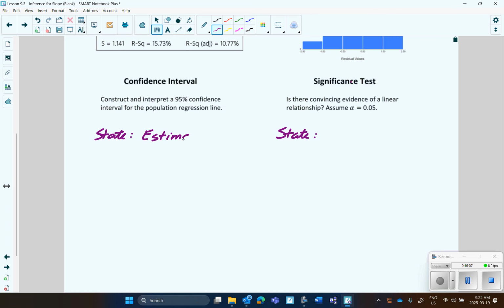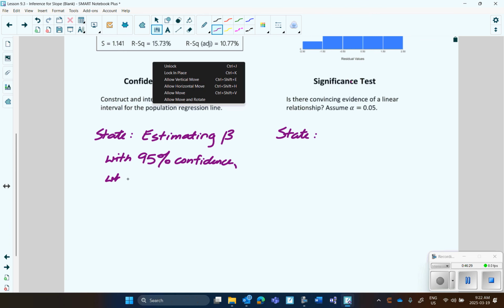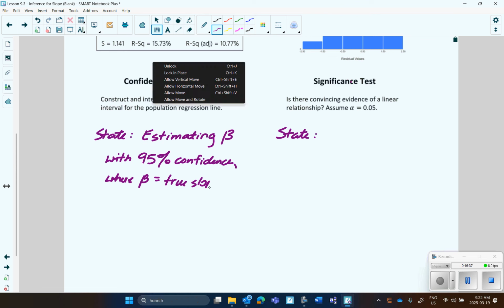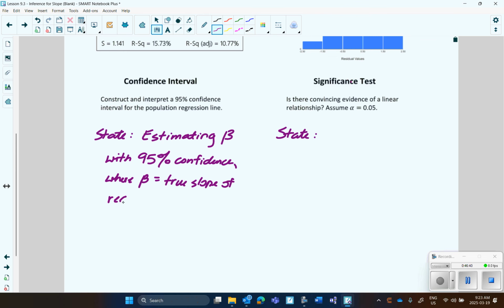Estimating beta with 95% confidence, where beta is the true slope of the regression line relating gun ownership and gun homicides.